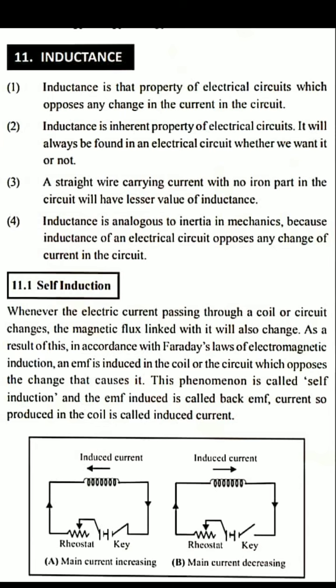One is self-induction, another one is mutual induction. In self-induction, self means its own circuit, where the EMF or the current will be induced. In mutual induction, due to one coil the magnetic flux will be changed, and in another coil the current will be induced.